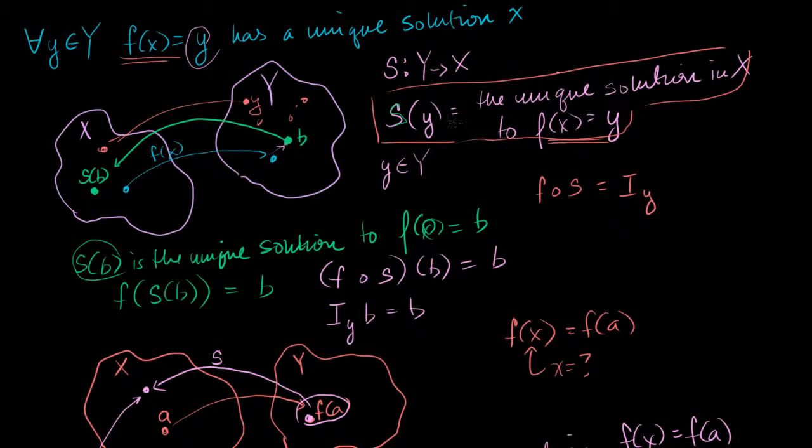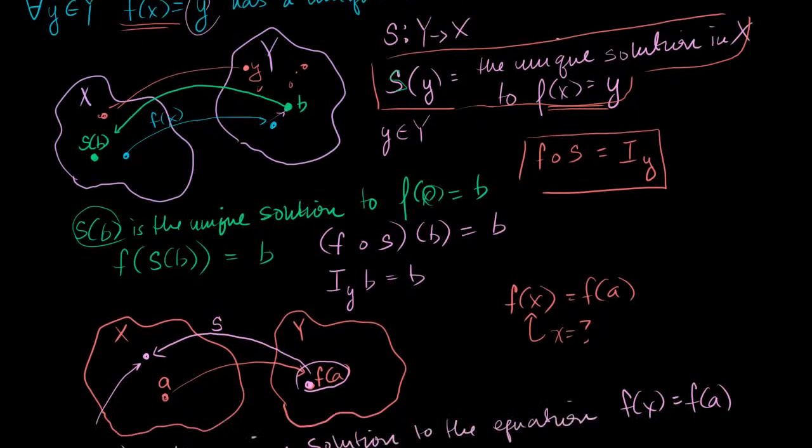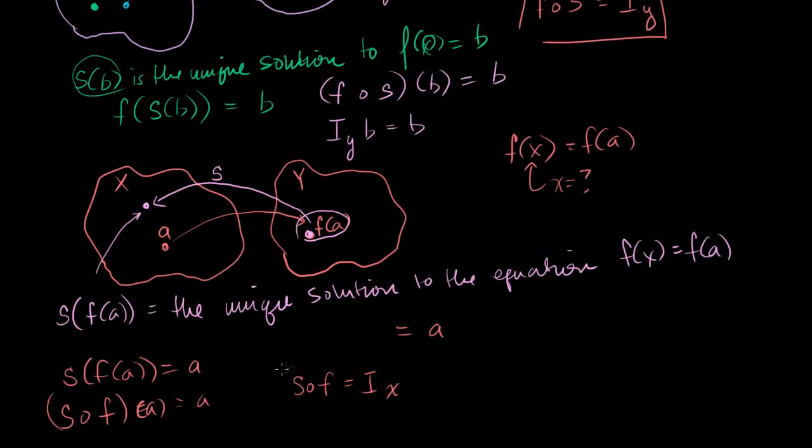Now, not only does it exist, but we figured out that the composition of f with our constructed function is equal to the identity on the set y. And we also learned that the composition of s with f is the identity function on x. So we learned this, and we also learned that the composition of f with s is equal to the identity on y.